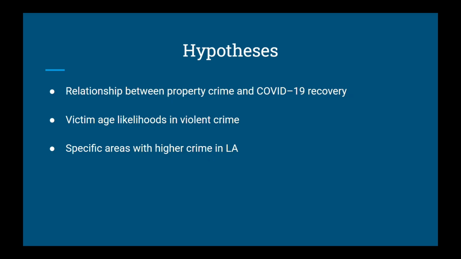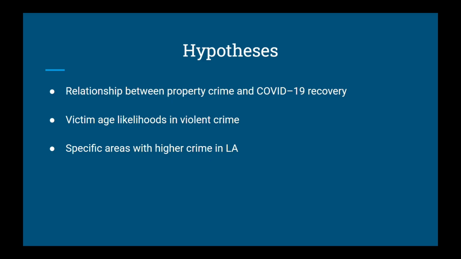My second hypothesis has to do with the victim age likelihoods in violent crime. This hypothesis centers around young adults and the belief that young adults age 18 to 35 are likely to be victims in violent crime.